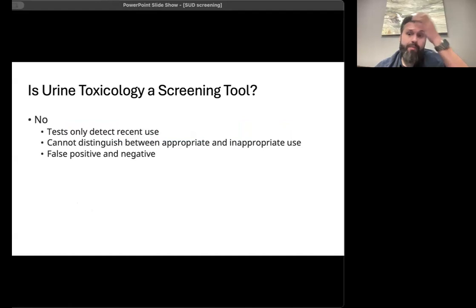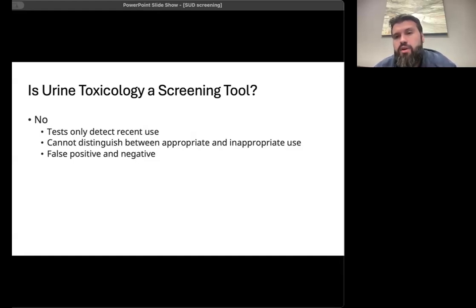I think this is an important topic, just as an aside really quick. Sometimes people ask, is urine toxicology an effective screening tool? The answer quite simply is no. As an addiction medicine provider, urine toxicology is really only testing for recent substance use. It's not testing for patterns of use or risk associated with that, those things that would qualify somebody for having a substance use disorder.